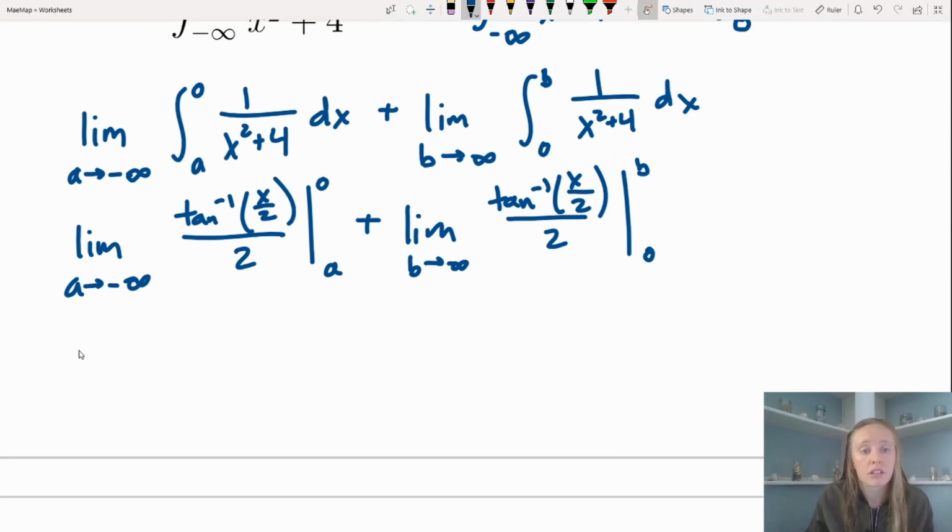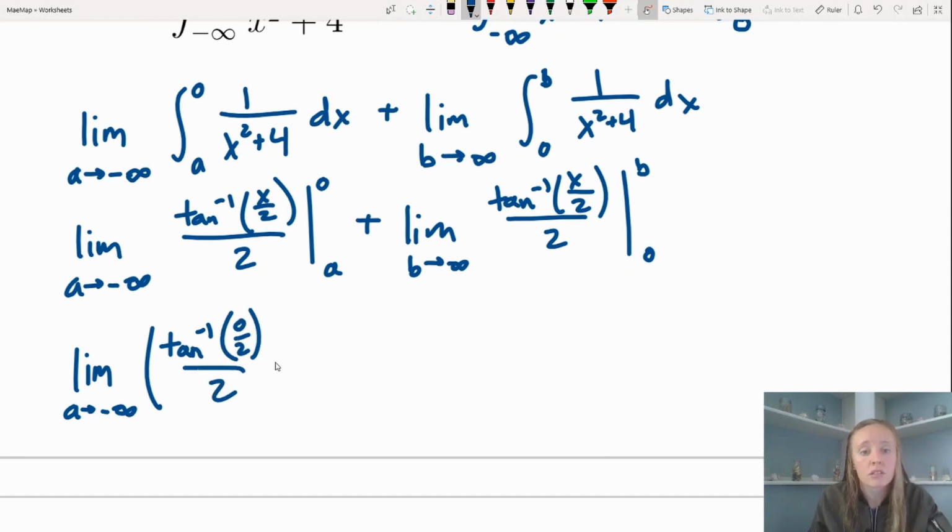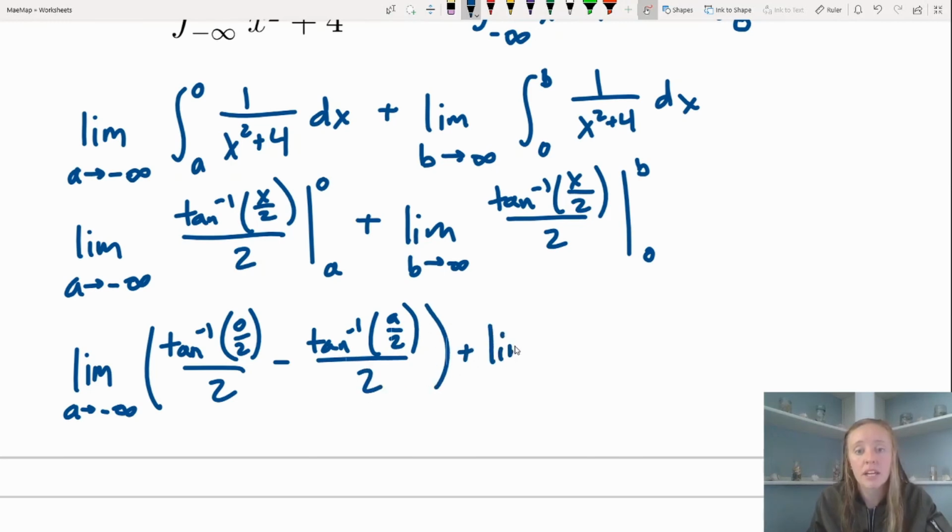I'm going to have the limit as a approaches negative infinity of, plugging in 0, the inverse tangent of 0 over 2, all over 2, minus the inverse tangent of a over 2, all over 2. And I'm going to add that to the limit as b approaches infinity of upper bound minus lower bound.